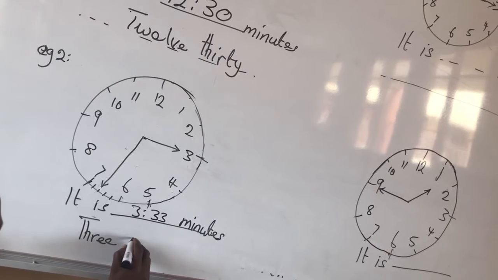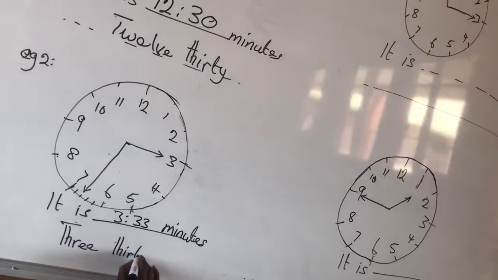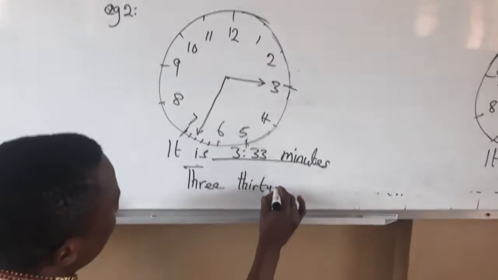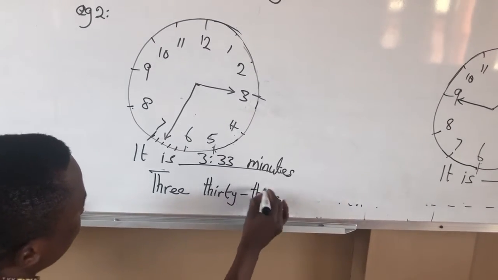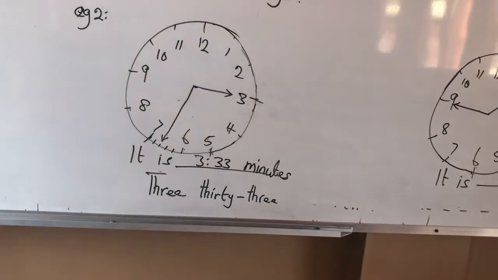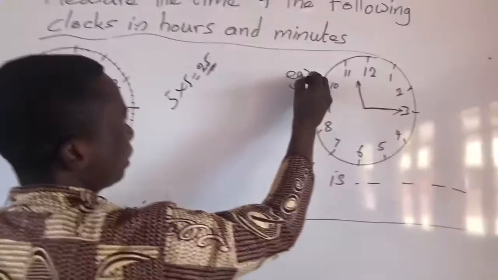This is the time is what? 3:30 what? 3. Then you continue with the next one, example 3. This is our example 3.